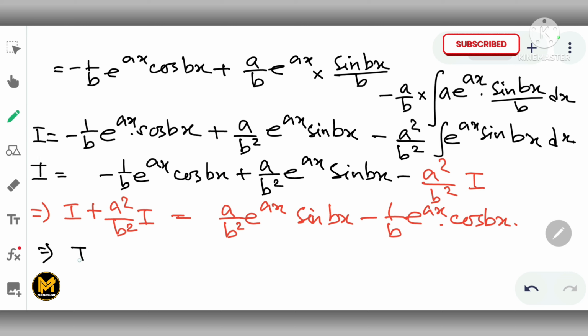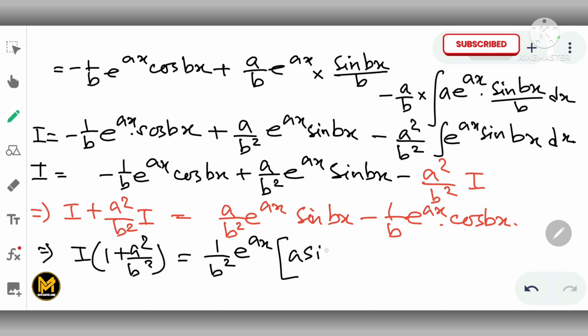Now take I common: I into 1 plus a square by b square is equal to 1 by b square into e to the power ax taken common, so we will get a into sine bx minus b into cos bx.